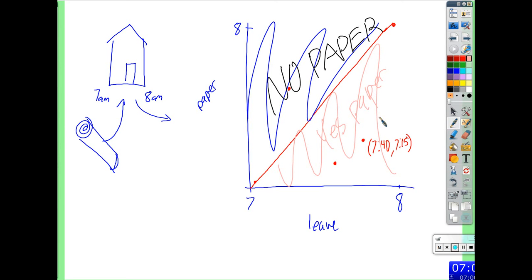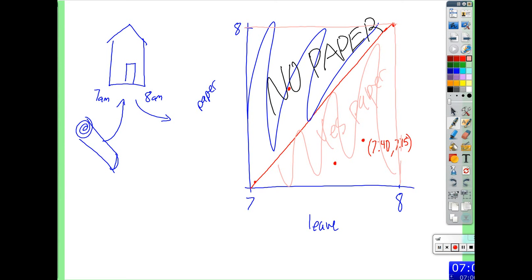So how do we talk about the probabilities? Well, if we were to block all this in, we would make a square, right? And all of the points that fill in this square would be all the possibilities. How many of those possibilities are you taking paper with you? Half of them, right? So we don't so much have this many points versus this many points, we have this much of the area versus this much of the area.